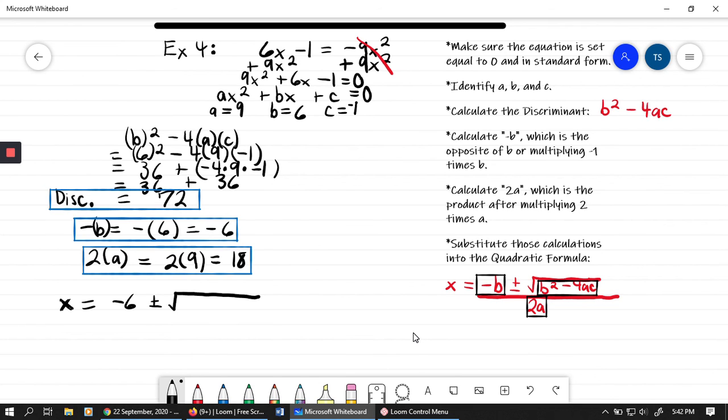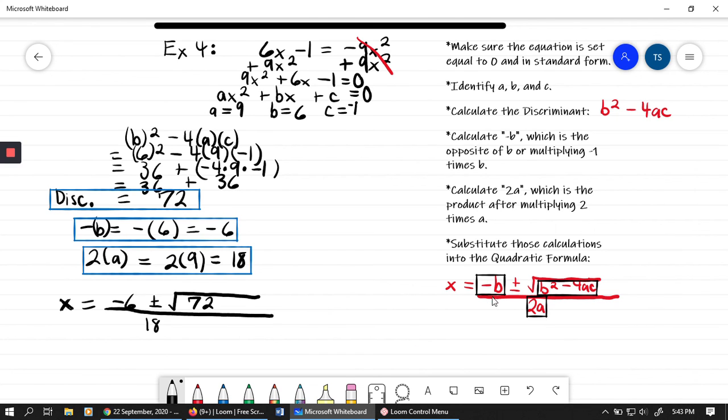We calculated that, and it's all over 2 times a, which is 18. All over 18.